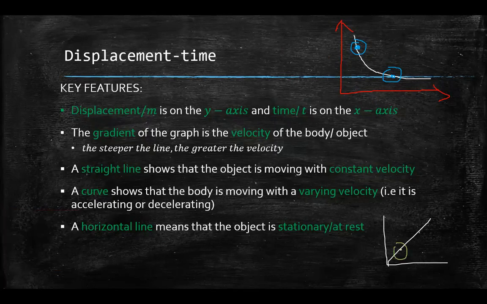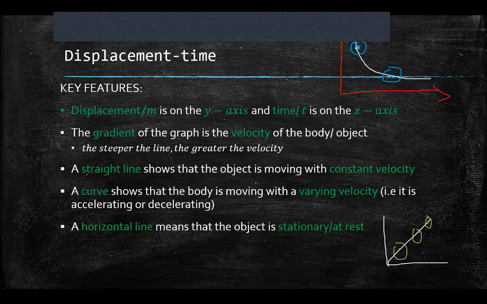So at this point, the gradient would be the same as this point, would be the same as this point, and so on. But for a curve, no. No, it won't. For a curve, the gradient is, yes, it's different at each point. But how would you find the gradient at the point?